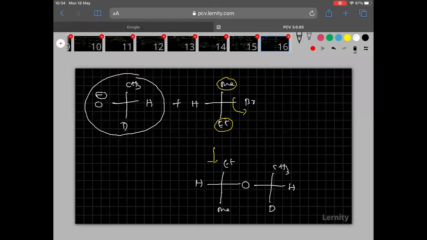because Williamson will follow which mechanism? SN2 mechanism. Right? SN2 leads to what? Inversion. Okay, inversion means you can change the groups either on the vertical line or else on the horizontal line, anything.